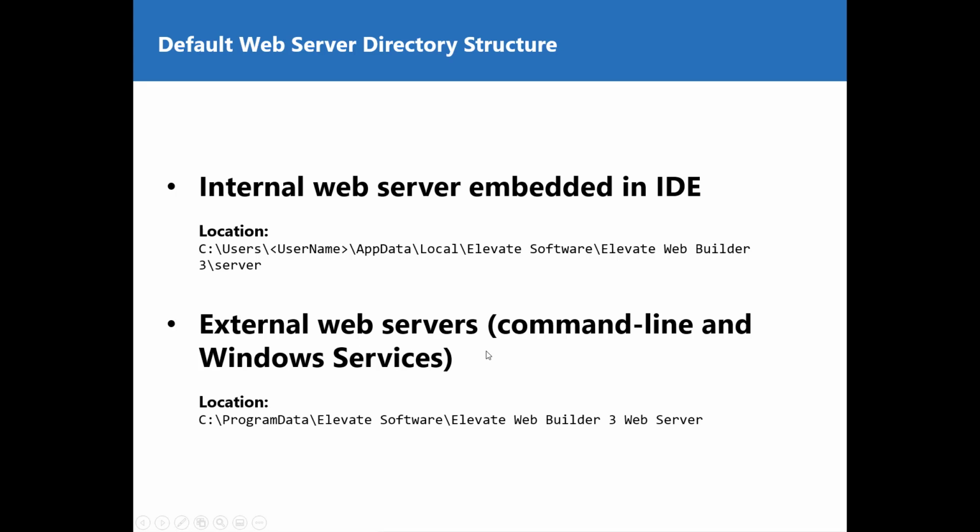For the external web servers, both command line and the Windows services, the location for the server directories is going to be basically the root folder for the program data folder.